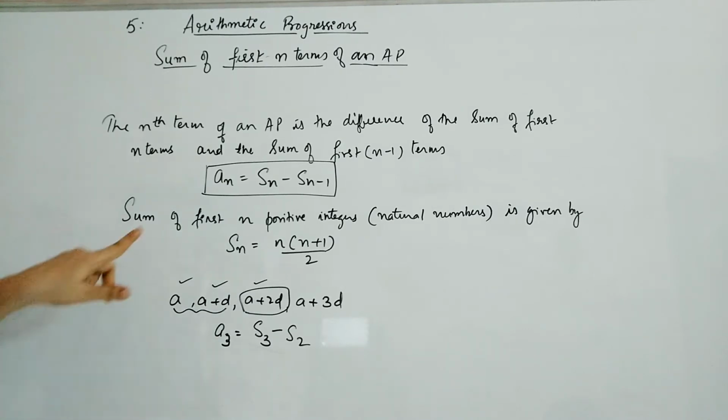Now next thing is the sum of first n positive integers, or you can say the sum of first n natural numbers, is given by Sn is equal to n into n plus 1 by 2.